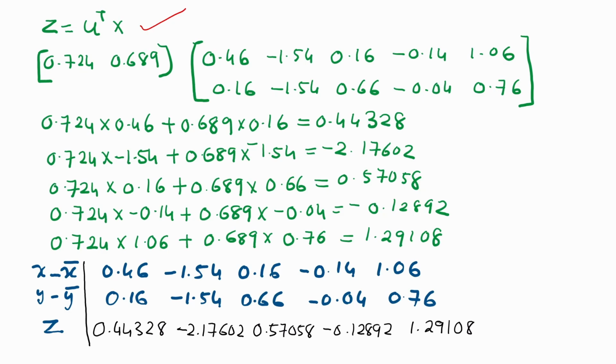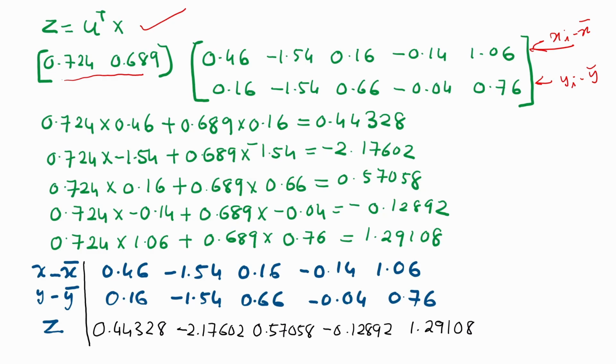That was a column vector, so we have taken the transpose, it became a row vector, into X. This is xi minus x bar and this one is yi minus y bar. Both the values are there, so you have to multiply this one with this.